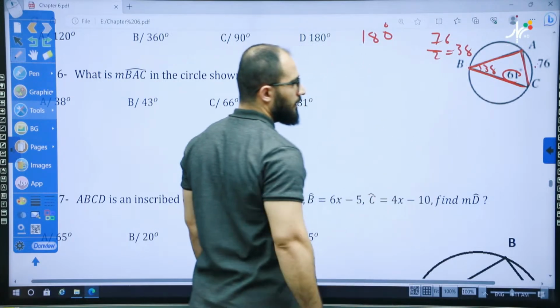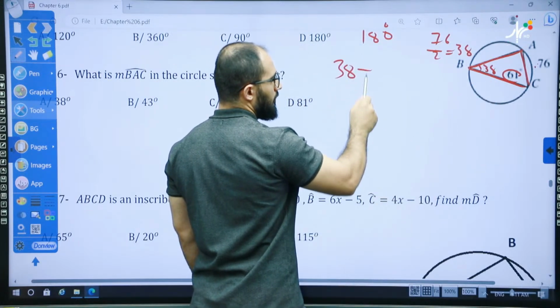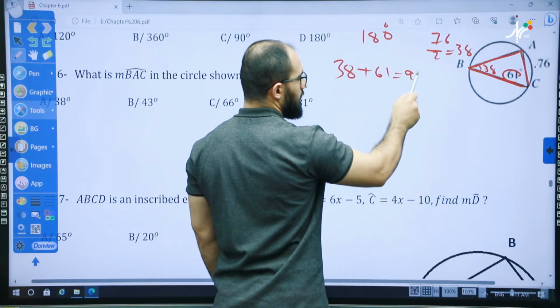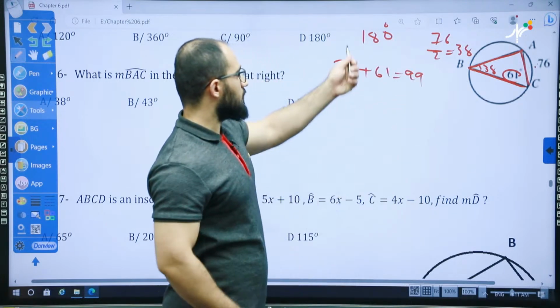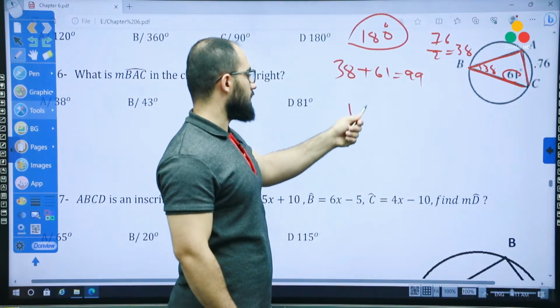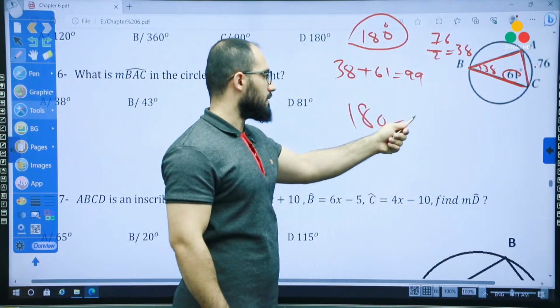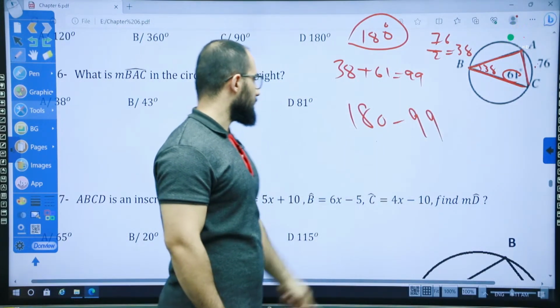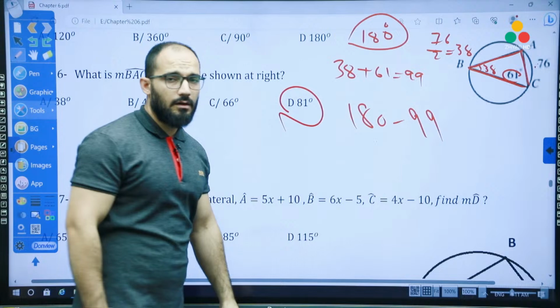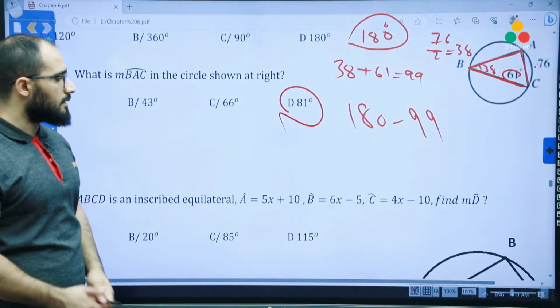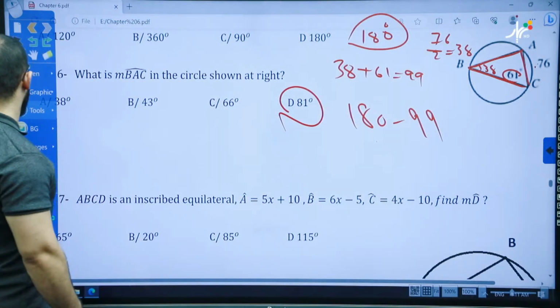We add up these two angles, 38 plus 61 is equal to 99. What was the measure of the triangle? 180, minus 99, it's going to be 81. So the measure of that angle is 81.